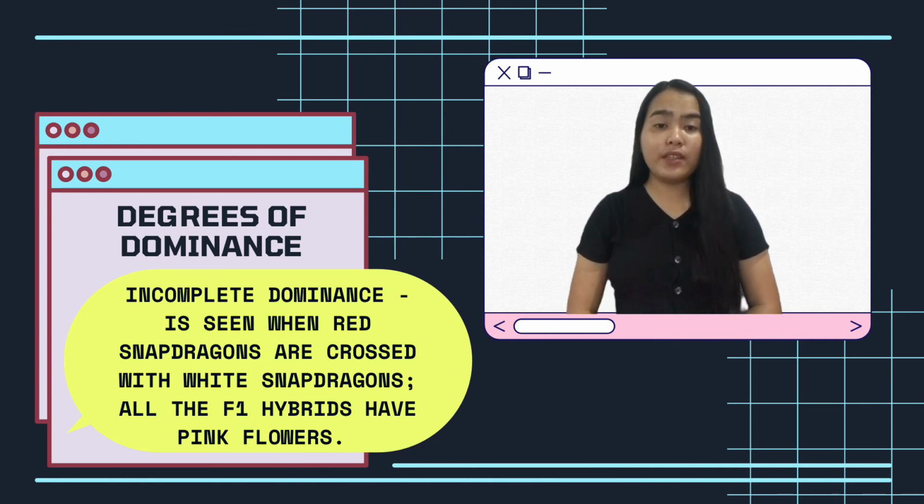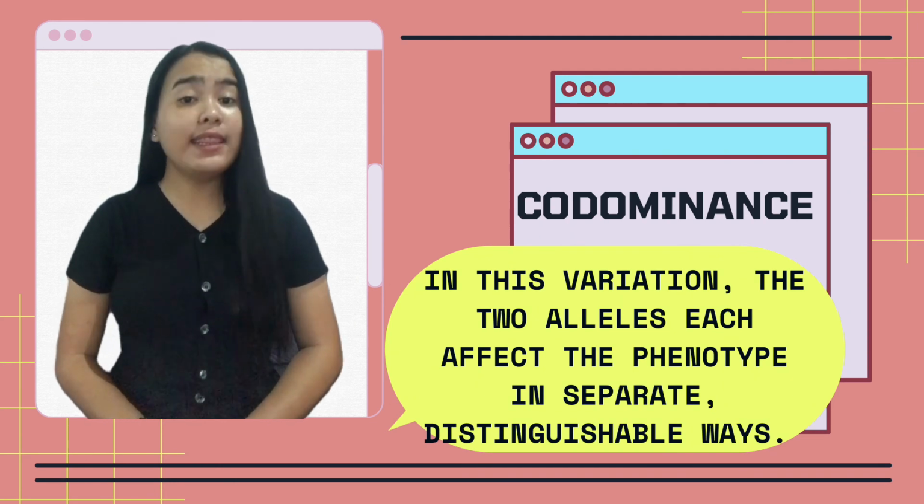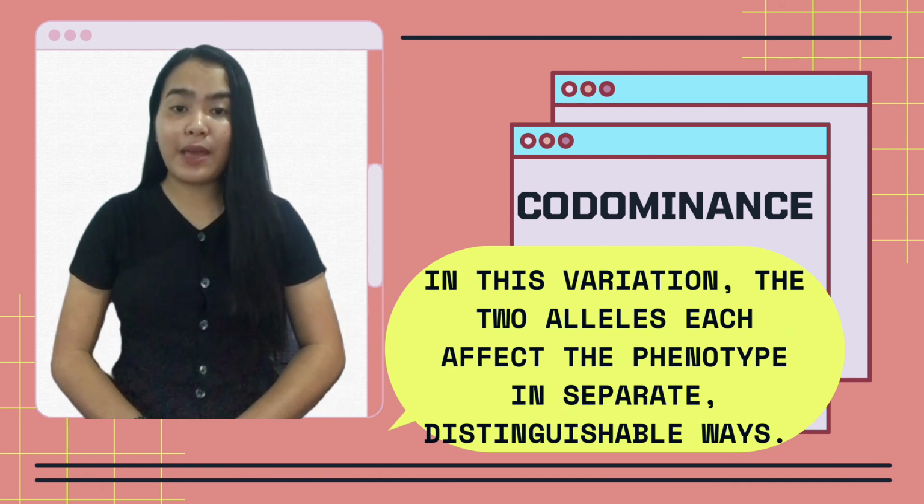This phenomenon, called incomplete dominance, is seen when red snapdragons are crossed with white snapdragons, and all the F1 hybrids have pink flowers. Another variation in dominance relationship between alleles is called codominance. In this variation, the two alleles each affect the phenotype in separate, distinguishable ways.